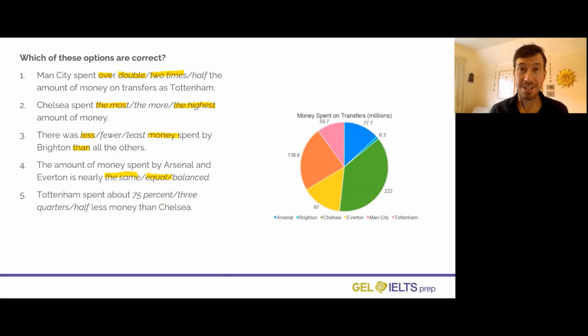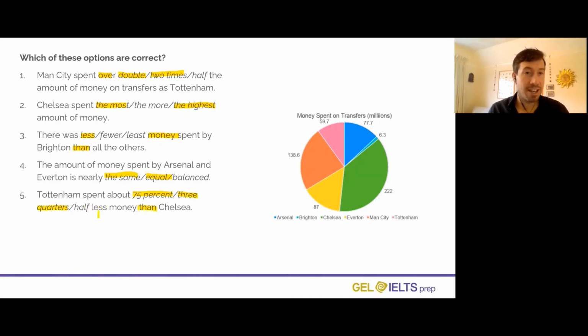Now look at the next question and try to choose the correct option here. Tottenham spent about 75%, 3/4 or half less money than Chelsea. Okay, so we could say Tottenham spent about 75% or 3/4, they have the same meaning, less money than Chelsea.